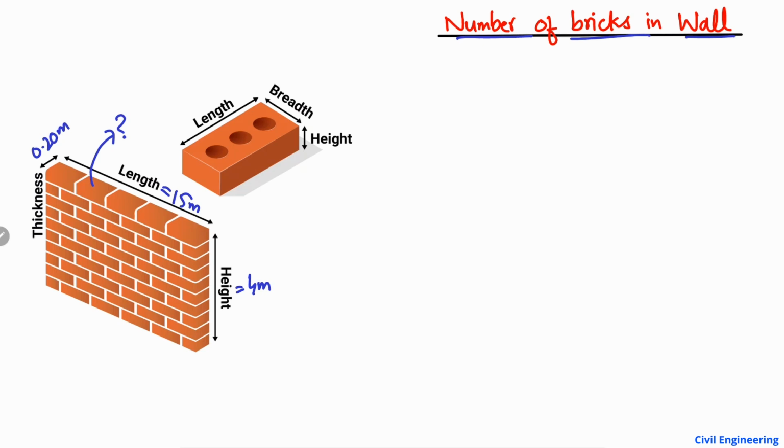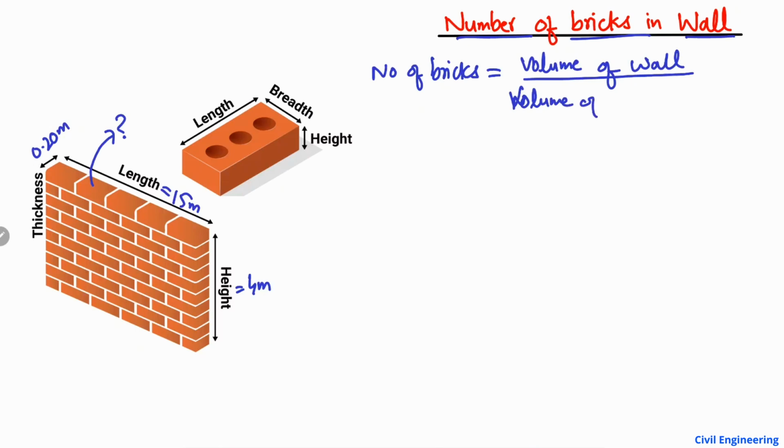There is a very simple formula used to find the number of bricks in a wall. It is equal to the volume of the wall divided by the volume of one brick with mortar. I will explain this with the help of an example.